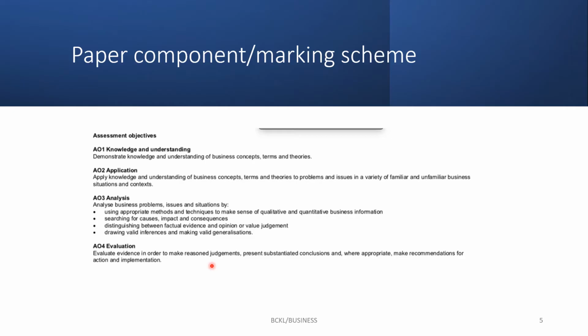What you have come to conclude, your conclusion, and where appropriate, what you are recommending, the actions you are going to recommend, and the implementation. So basically, these are the assessment objectives that you need to know for this paper.